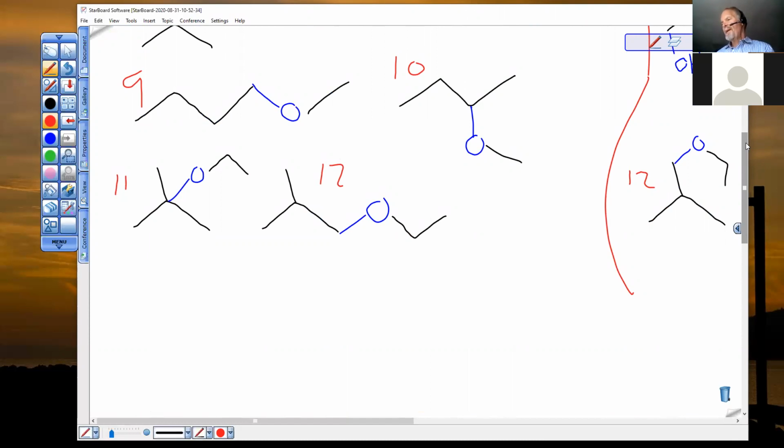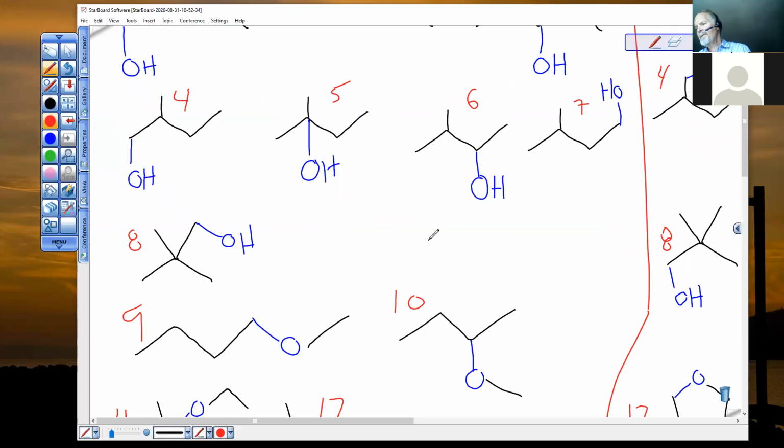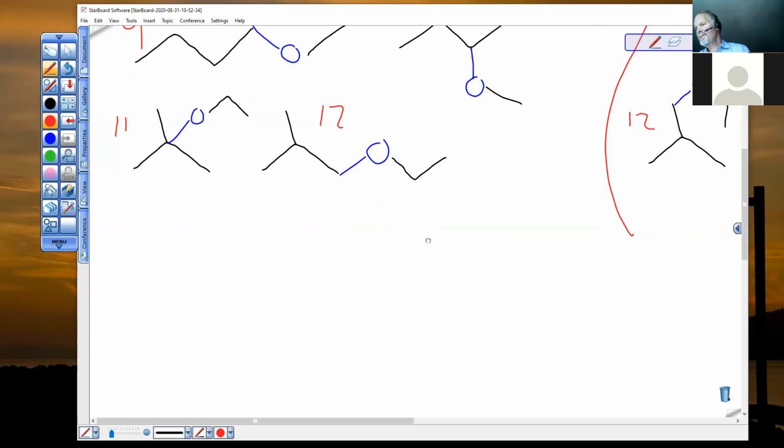And we haven't done any examples. Let's see, we've done examples with O attached to one C on one side. We've done examples with O attached to 2 C's on one side. And how about 3 C's on one side, 2 on the other? I don't think we have any of those. 3 C's on one side, 2 on the other.